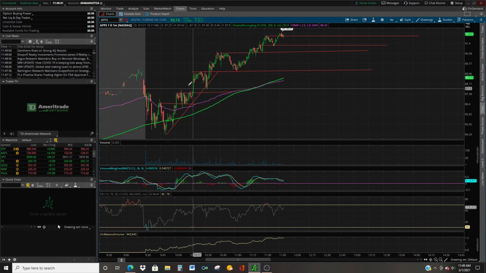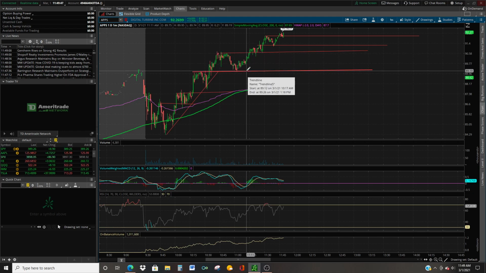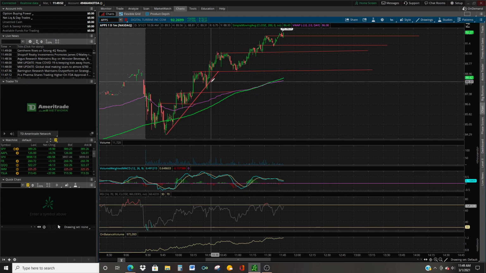You were initially right on it, but just need to give it some more room to run. Not saying I'm gonna let a winner turn into a loser, but you need to understand that previous resistance level is going to act as support, and you want to see it hold.